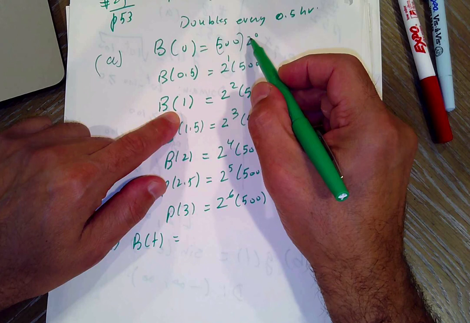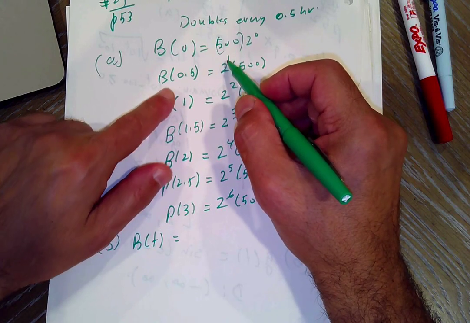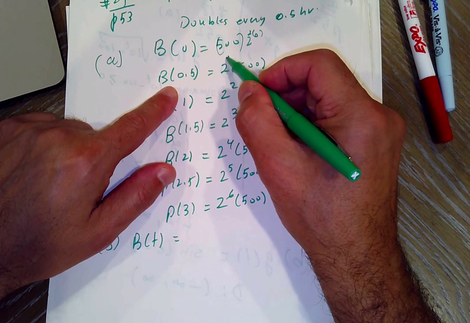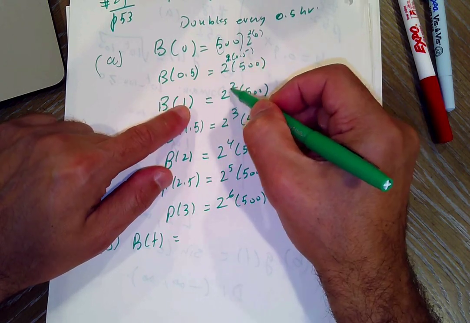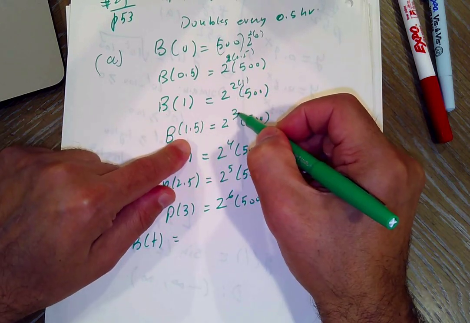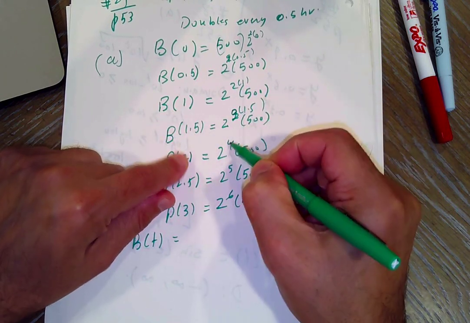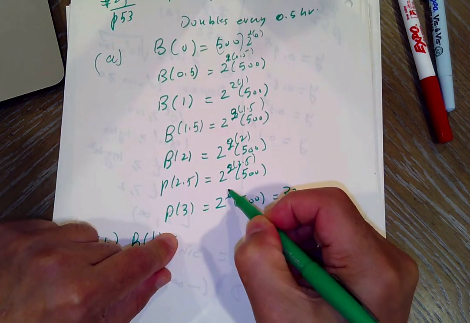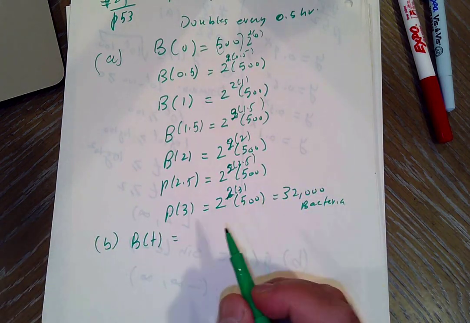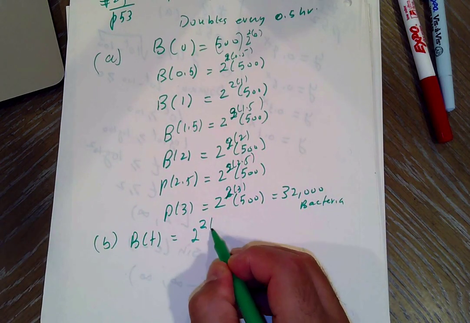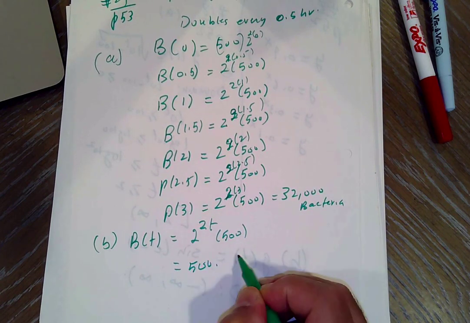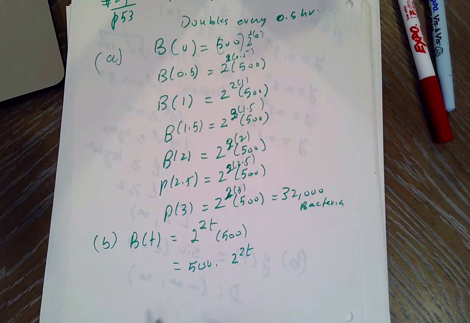The exponent 1 is 2 times 0.5, this is 2 times 1, and this is 2 times 1.5. I'm trying to find a pattern. This is 2 times 2, this is 2 times 2.5, and the 6 is 2 times 3. So B of t is 500 times 2 to the 2t. That's how many bacteria you'll have after t hours.